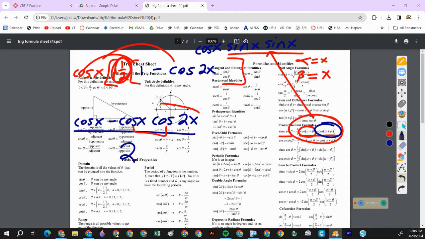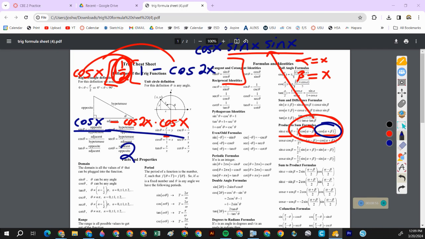And now we have a new product to sum where alpha, and you usually want alpha to be bigger than beta. So I'm going to write this as minus the cosine of 2x times the cosine of x. You want alpha to be bigger than beta so you don't end up with a negative sign.